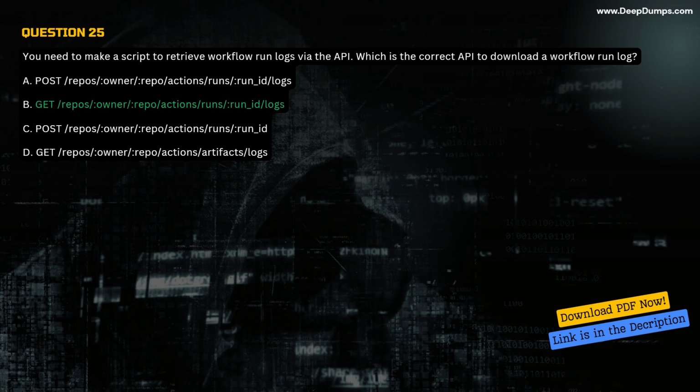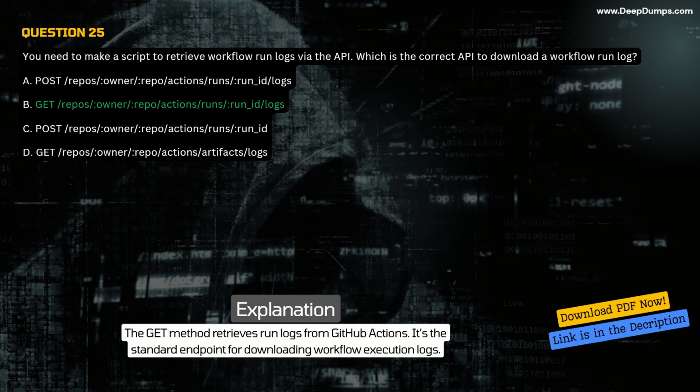Correct answer B. GET /repos/owner/repo/actions/runs/run_id/logs. Explanation. The GET method retrieves run logs from GitHub Actions. It's the standard endpoint for downloading workflow execution logs.